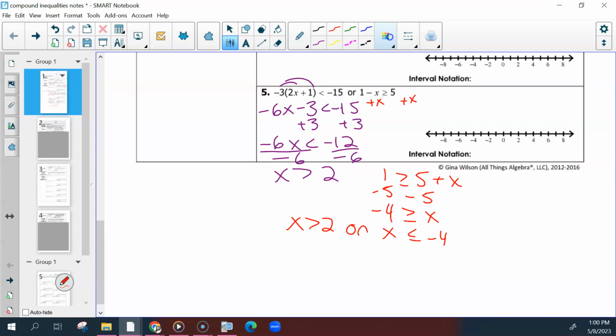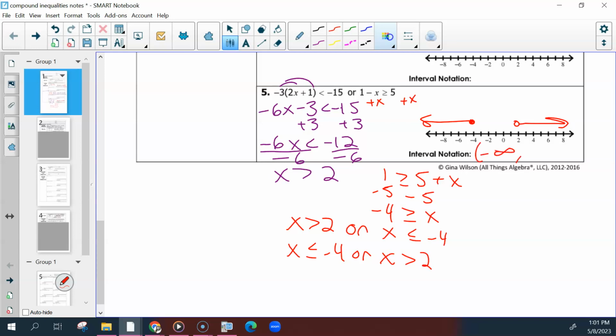Graph those two. So closed at negative 4, going to the left, open at 2. I didn't write the interval.